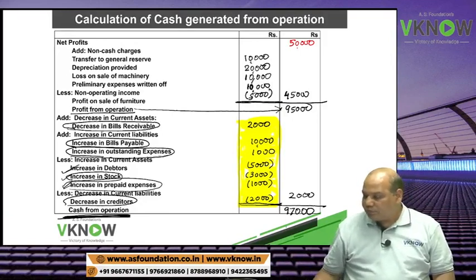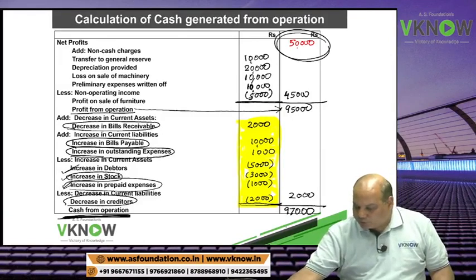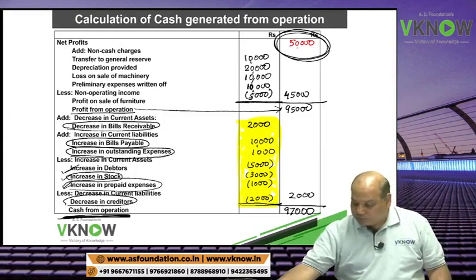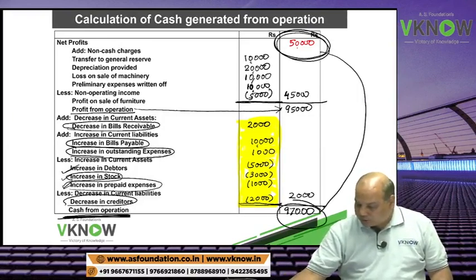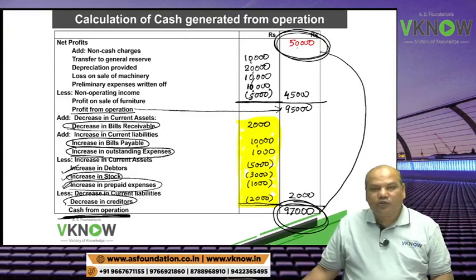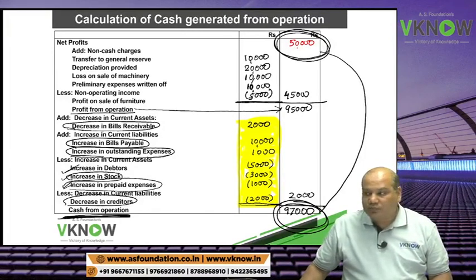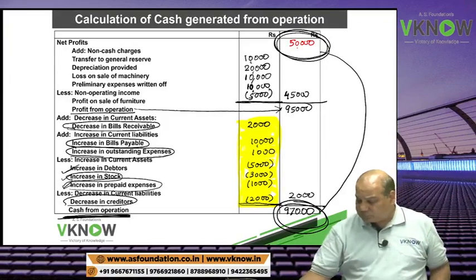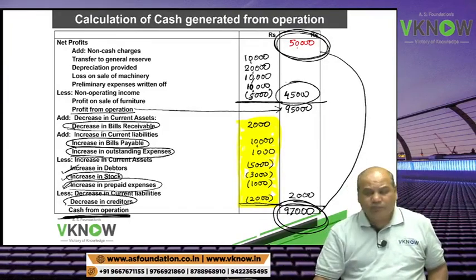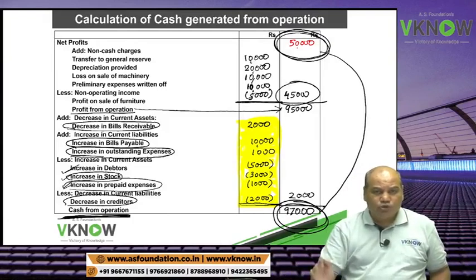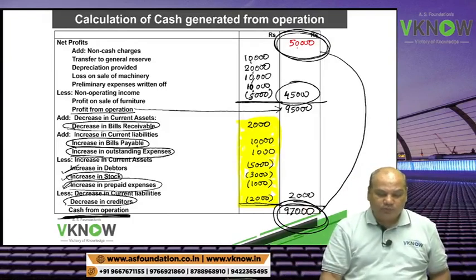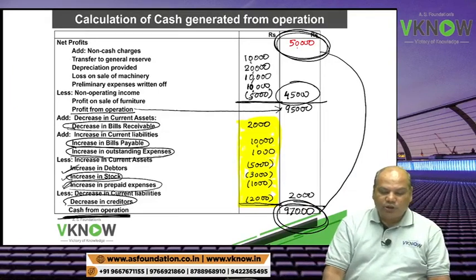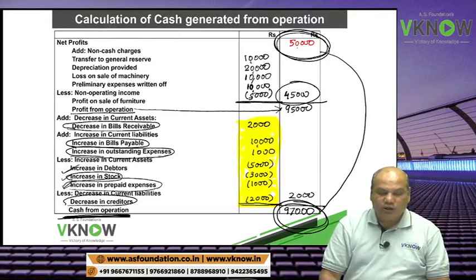This means this company is showing profit of 50,000 from operation, but actually the cash flow it has generated is 97,000. So that's a good sign. That shows the company is able to have more operating cash flow than the profit it is showing. One major reason for that is non-cash items, because non-cash items reduce the profit but do not reduce cash flow.